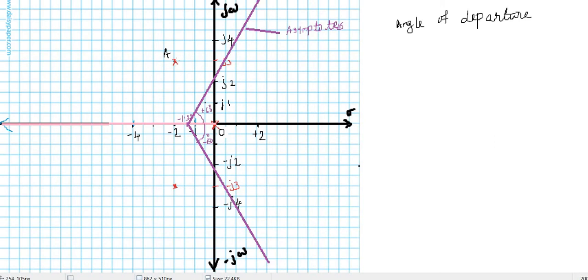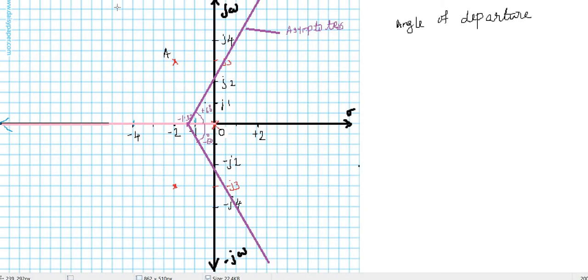To this pole, we have to plot straight lines from all the open loop poles and zeros.